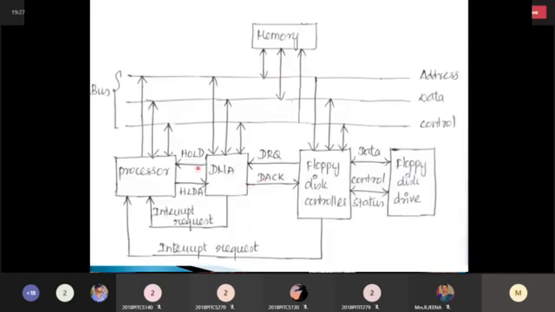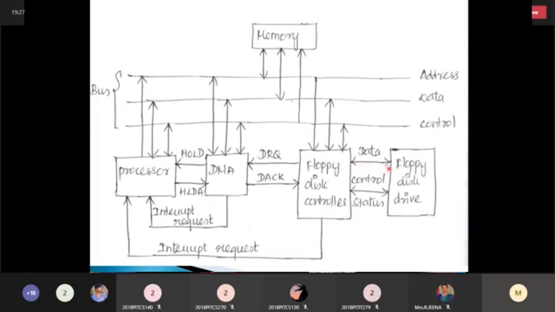So here we have the processor, DMA, floppy disk controller and floppy disk drive. If I insert the floppy disk into the floppy disk drive, the data will be bidirectional. So the data will be stored to the floppy disk, or from the floppy disk we can retrieve the data.